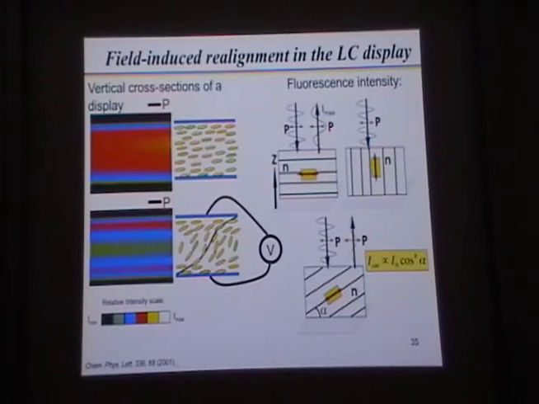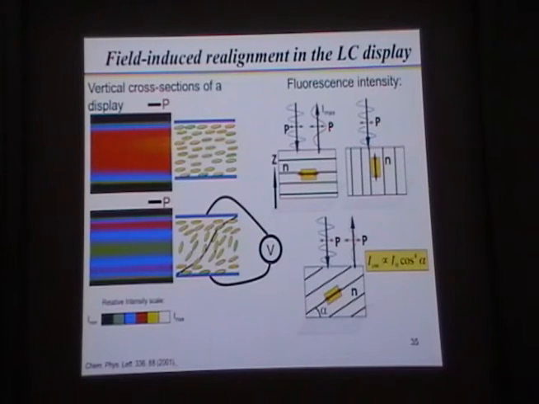Well, it's hard to know how those changes happen across the sample thickness or across the display thickness, and a confocal microscope, like we just saw, will allow you to visualize those changes. And so the changes of intensity of light, depicted here using colors, allow us to visualize the orientational distribution of the molecules in the liquid crystal sample.